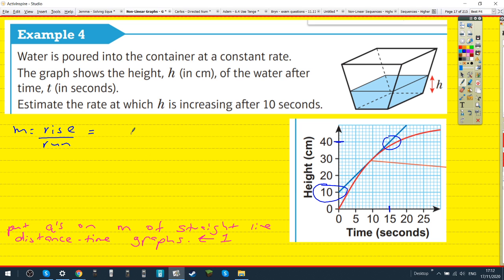Okay, 3 and 3. So the rise is 3. Rise is 30. 10 to 40. Oh, okay. Run is 20, I believe.